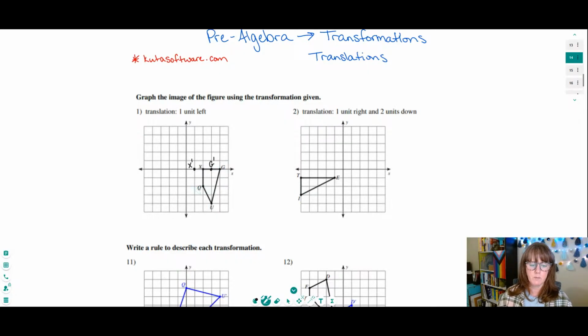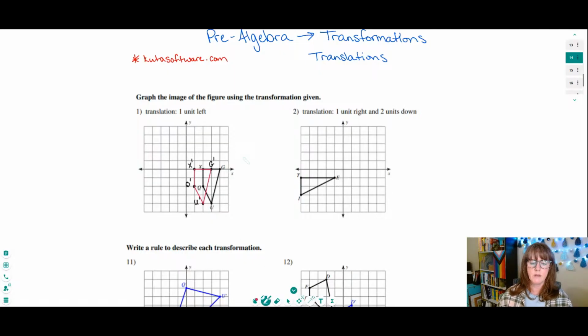For Q, we're going to move that over, Q prime. And then for U, we're going to move that over to the left, U prime. And so then we are going to connect. Actually, let me use a different color here so we can make sure you see this. We're going to connect all of those points with straight lines. Now, we did have a graph for this one, so it was pretty easy just to count 1 unit over.